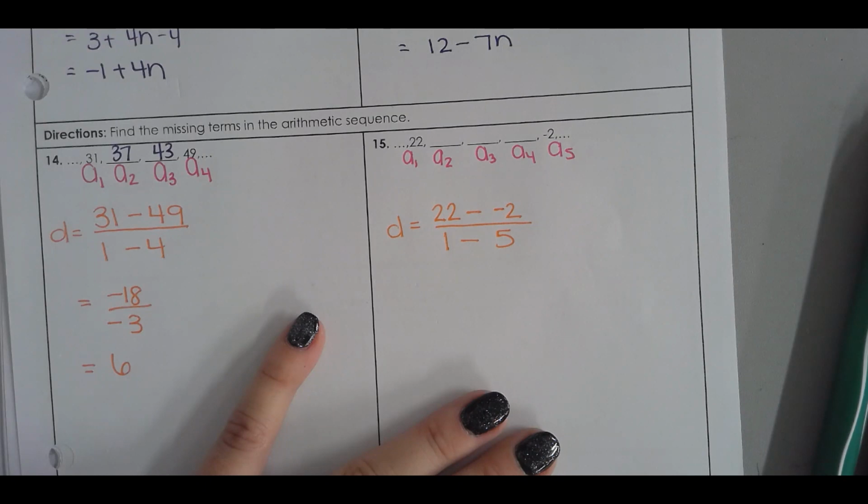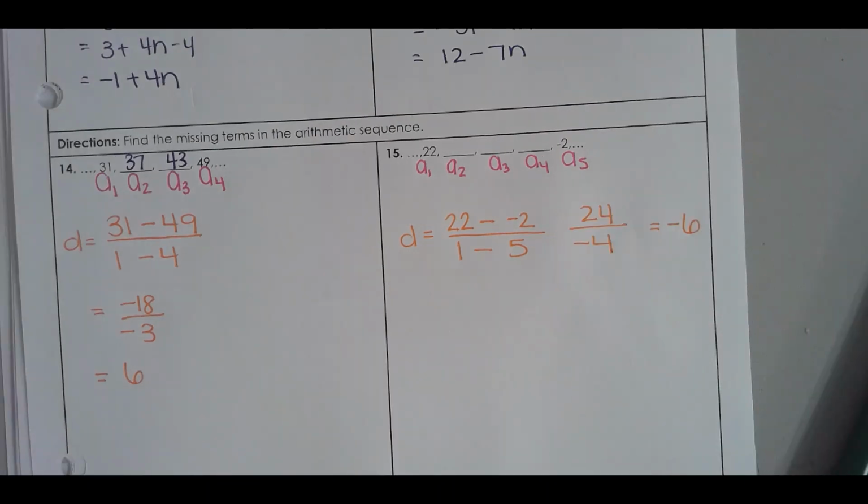Hold on. 24 divided by negative 4. Negative 6 every time. 16, 10, and 4.